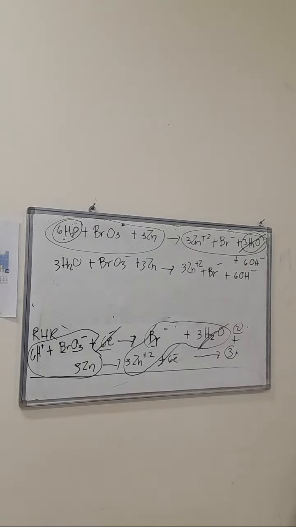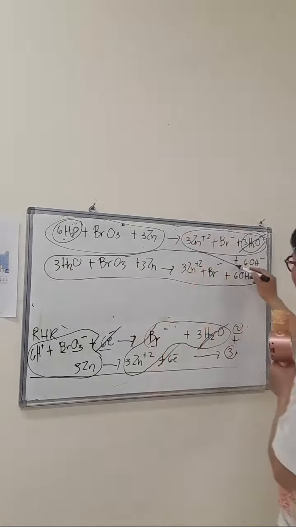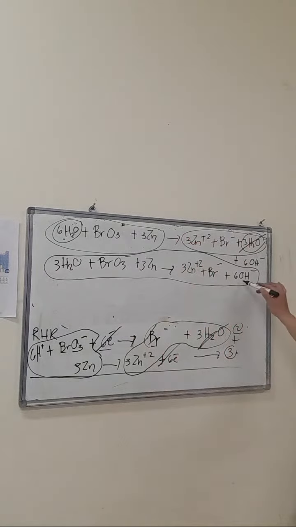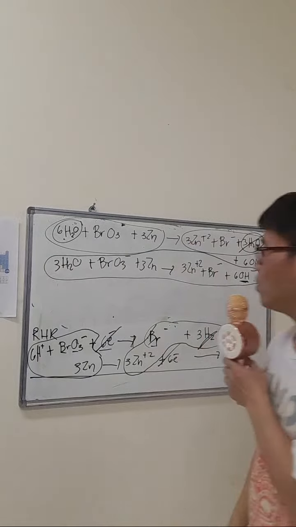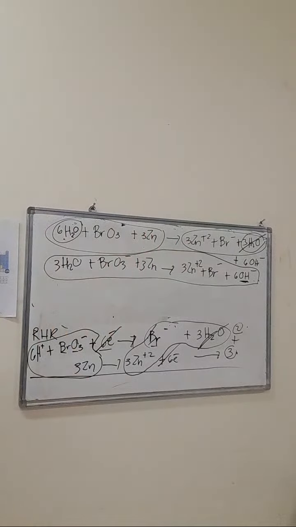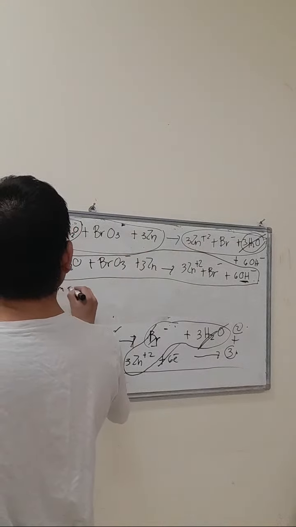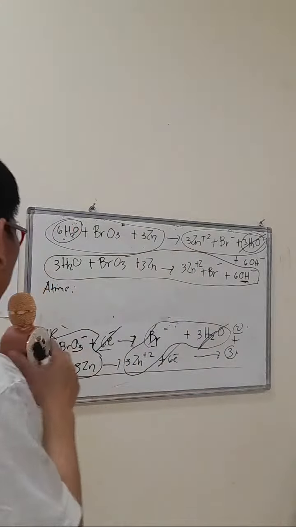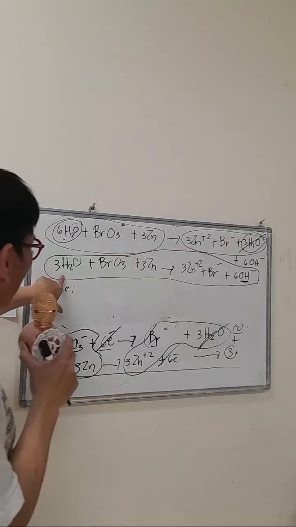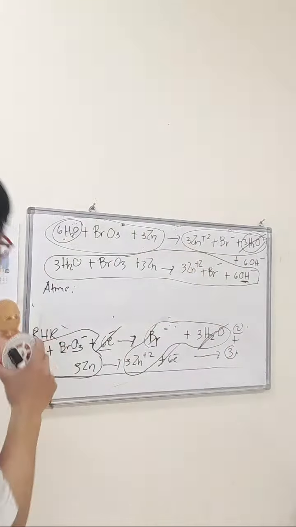Now, this is your final answer in your redox in basic solution. Why basic? Because the presence of OH tells us that this is in basic solution. Now, to check if it is correct, balance the atoms. Individually get the elements. Hydrogen, 6 in the right, the hydrogen in the left is 6 also. Perfect.